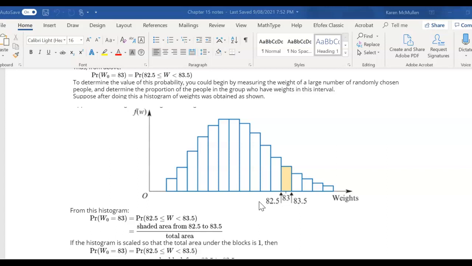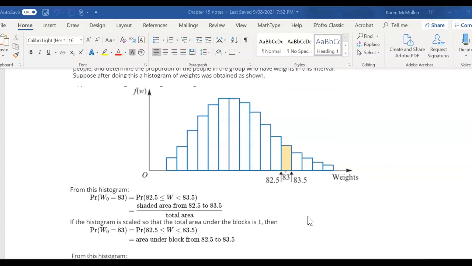You should be familiar with a histogram. Histograms look at intervals. So this highlighted part is between 82.5 and 83.5. If we wanted to find the probability that the weight was 83, basically it's just the area of that rectangle over the total area.